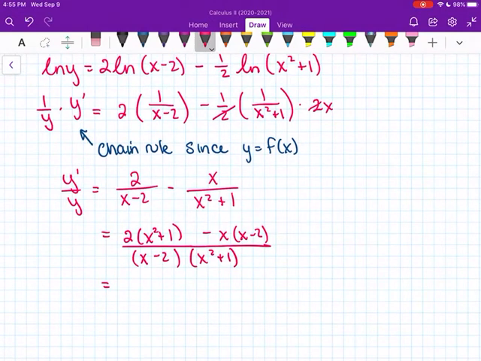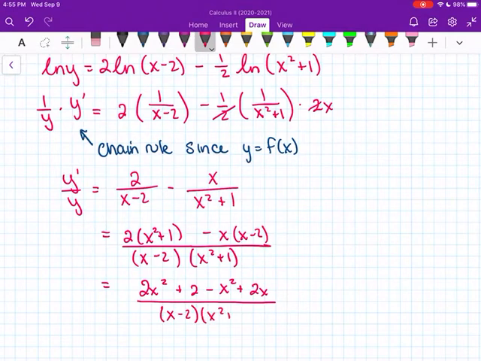And then I'm going to go through and distribute, and I get 2x squared plus 2 minus x squared plus 2x. Oh, that should be an x squared plus 2x. And then my denominator, x minus 2, x squared plus 1.